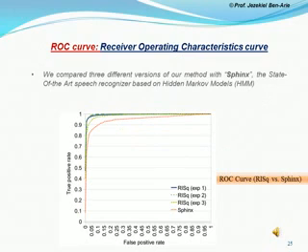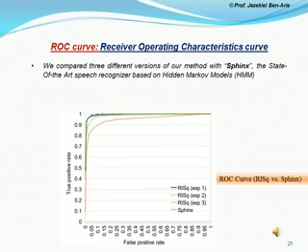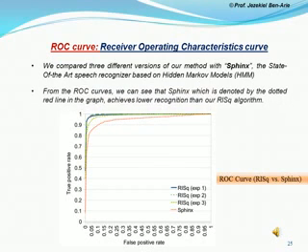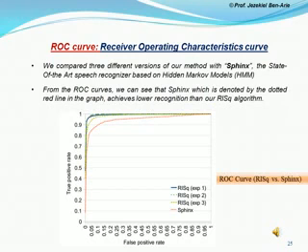We compared 3 different versions of the RISC method with Sphinx, which is the state-of-the-art speech recognizer based on hidden Markov models. From the ROC curves, we can see that Sphinx, which is denoted by the dotted red line in the graph, achieves lower recognition than our RISC algorithm.